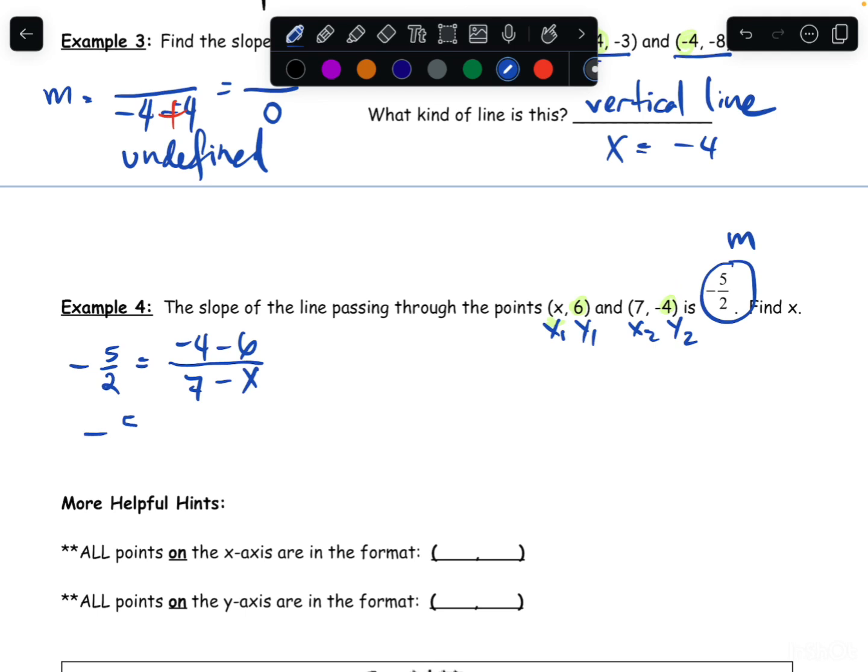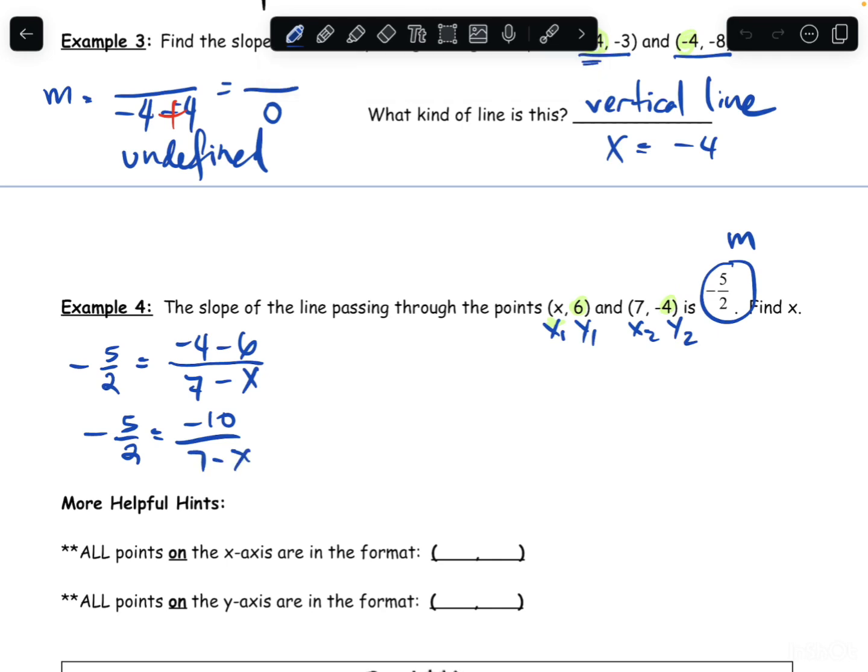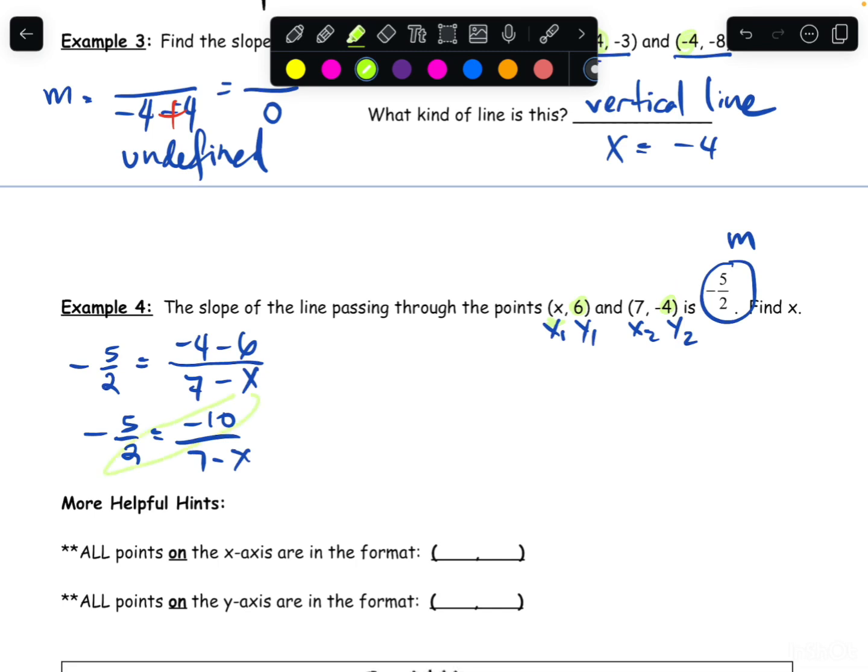Now I can simplify this to negative 5 over 2 is equal to negative 10 over 7 minus x. So now we're going to cross multiply. Let's do our butterfly.